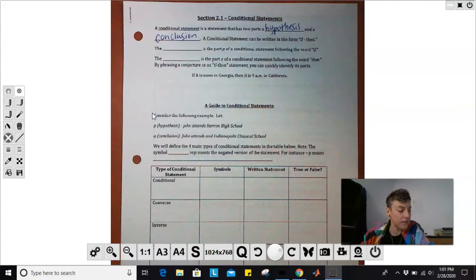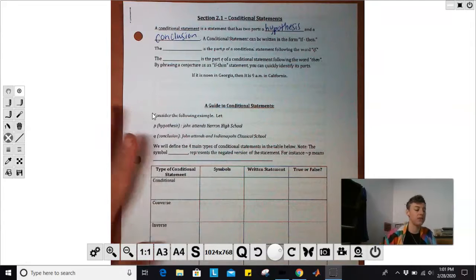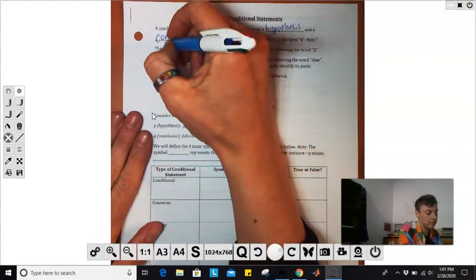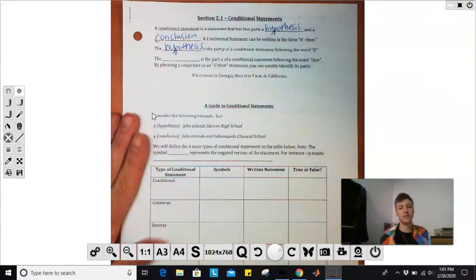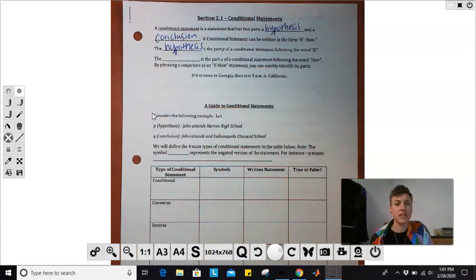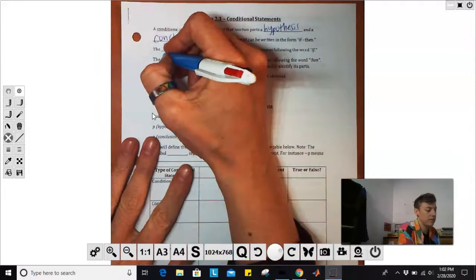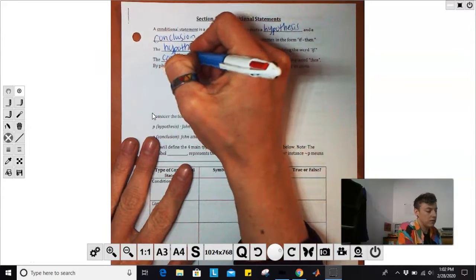The hypothesis is the part, P, of the conditional statement following the word if. Which means the conclusion is going to be the part that we abbreviate Q of a conditional statement that follows the word then.